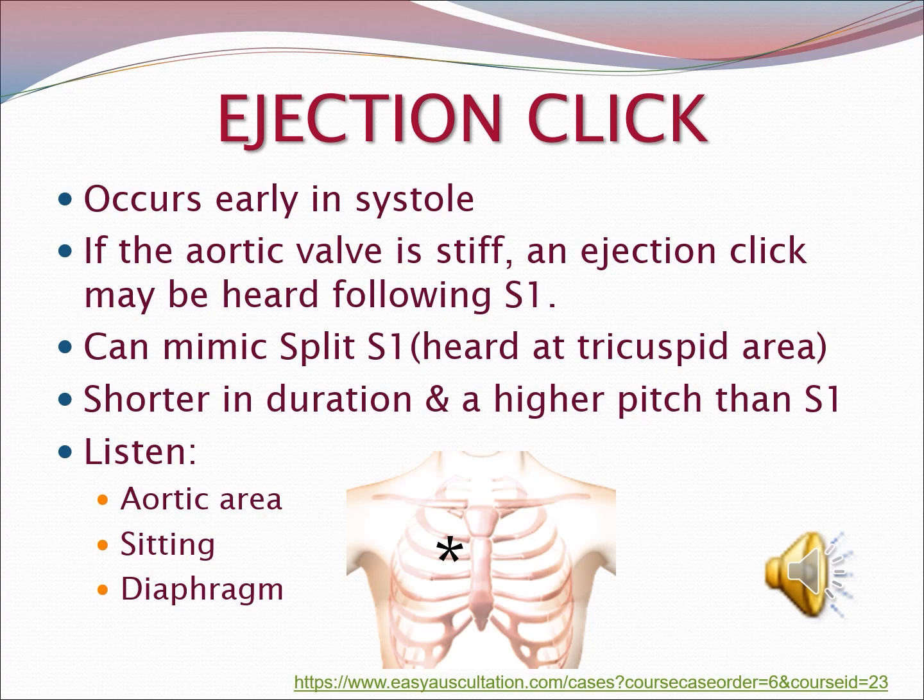You want to listen carefully to the second sound of the pair. If it's an ejection click, it will have a shorter duration and a higher pitch than the first sound of the pair, or S1. Again, it's heard best at the aortic valve area where the splitting of S1 is not heard. Split S1 is heard best at the tricuspid area.